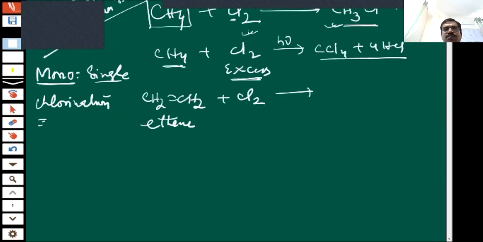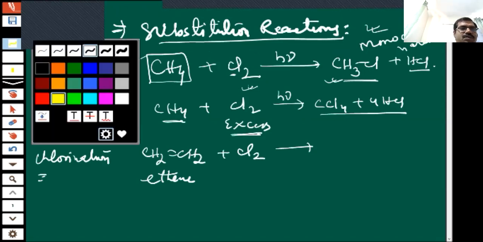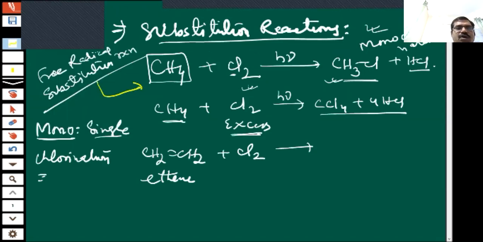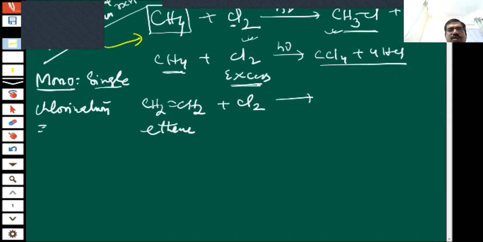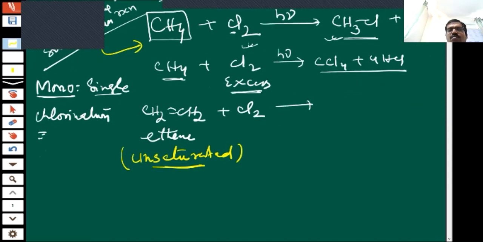See children, this was an example of free radical substitution reaction. But see what is happening here. This is unsaturated alkene. An unsaturated alkene is more prone to addition reaction.